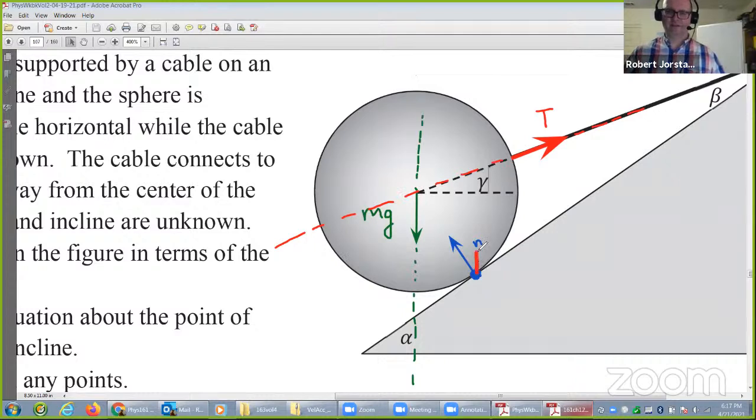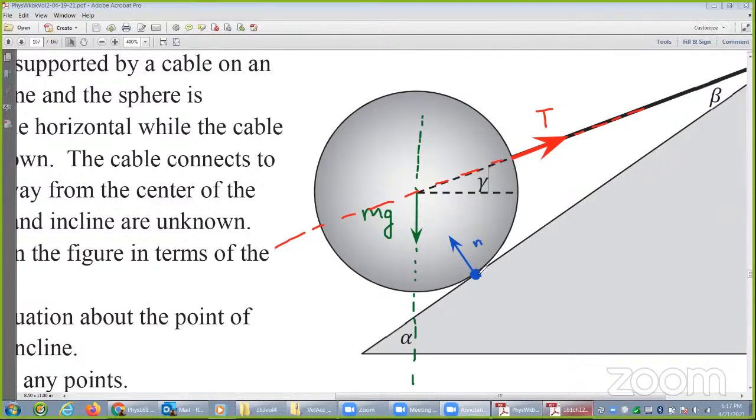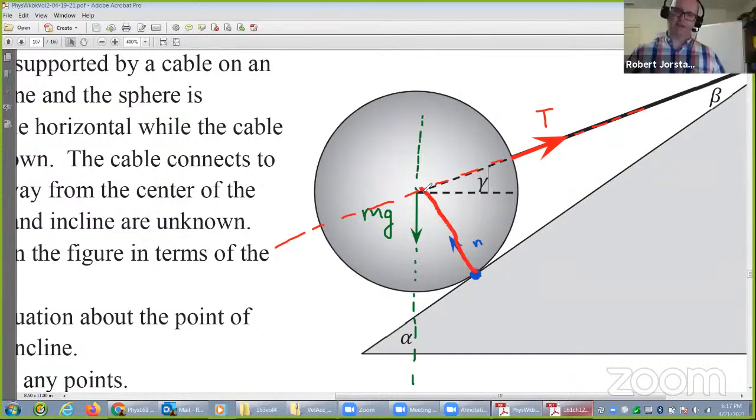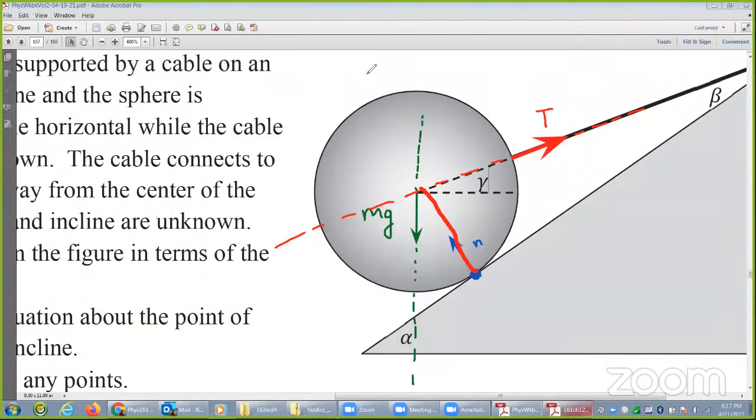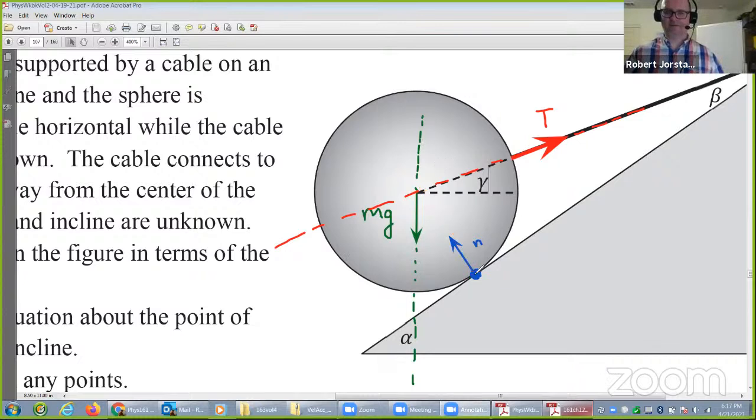In particular, is it this? Is that the lever arm for tension? No. Would it be towards the center of the circle? Is that making a right angle? No. And see, this is the problem with this one.